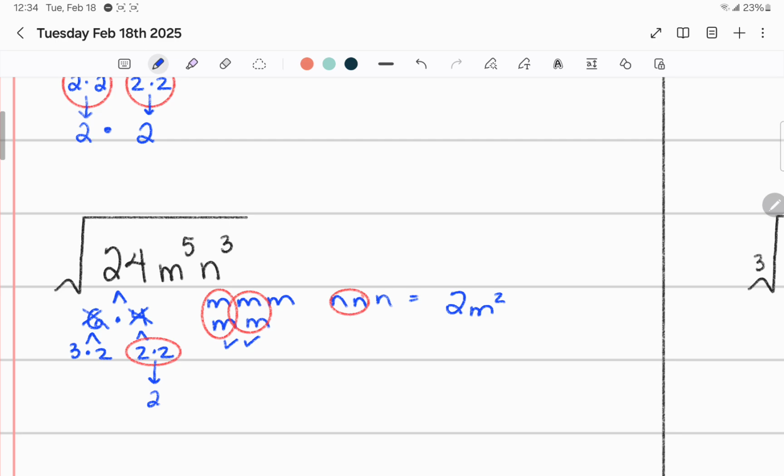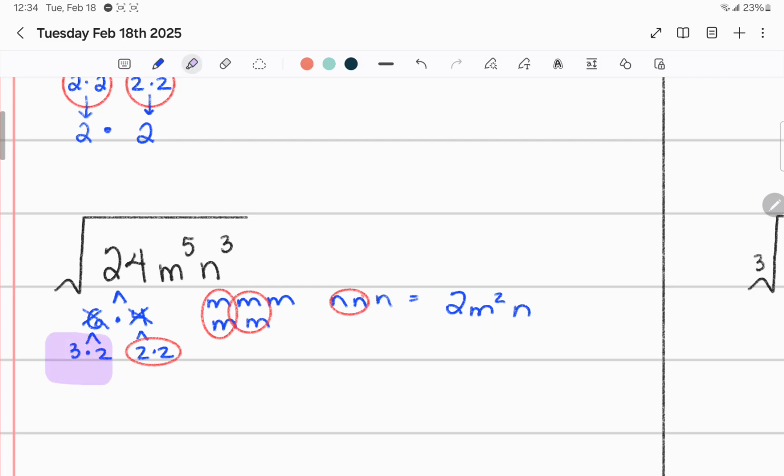And then we have just 1 group of N. We're not going to put N power of 1. We don't put the 1. The N itself represents the 1, so just N. So again, we have 2 M power of 2 and then N on the outside because they all had partners.